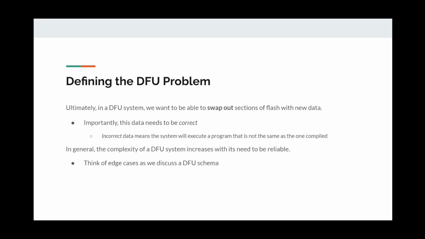Say we have new flight control software that we want to update. One has really bad tunings. We're like, no, we have a different image that we want to upload. And so if we implement a way for our system to basically update that flash, we just go in and say, okay, we're going to take out this existing application. We're going to overwrite that section of flash with our new image, and implementing that process is referred to as a device firmware update system. That clear?